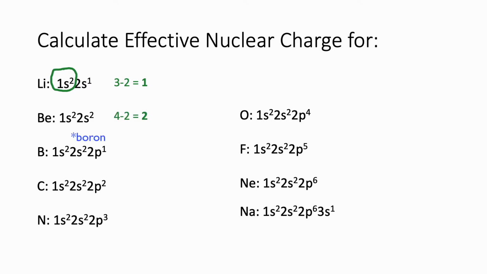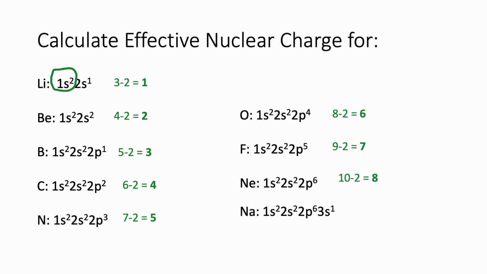And you can see with boron, it's still going to have 2 core electrons. So 5 minus 2 is 3. For carbon, the same. 6 minus 2 is 4. Nitrogen, 7 minus 2 is 5. Oxygen, 8 minus 2 core electrons is 6. Fluorine, 9 minus 2 core electrons is 7.